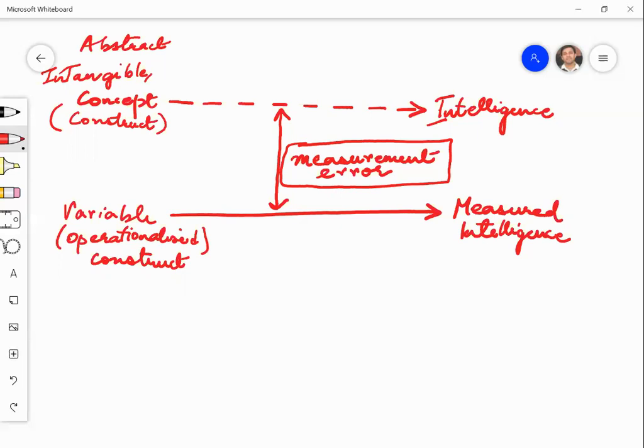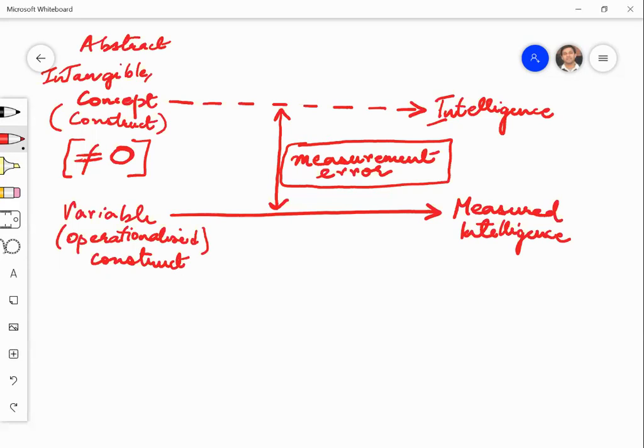Now, the idea that we also work with here is that no matter how hard you try, it is very difficult to make this zero. This measurement error will always be non-zero. There is going to be some measurement error that will continue to exist between the construct that you have and the actual measurement that you have for the construct.